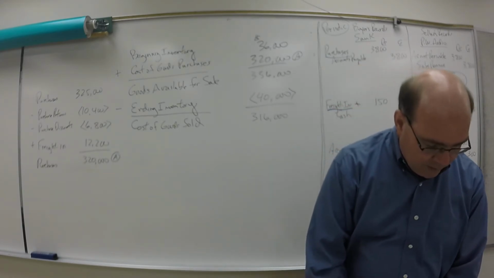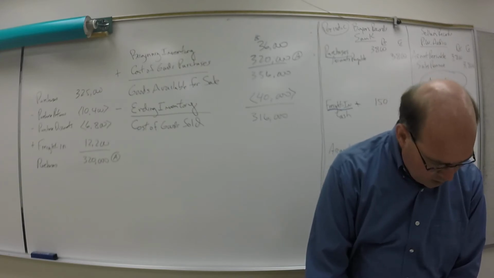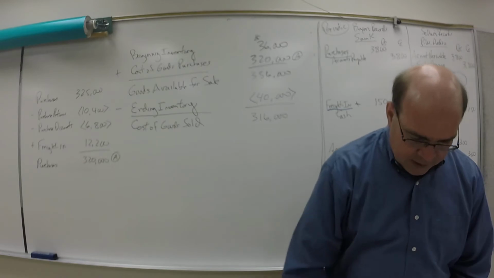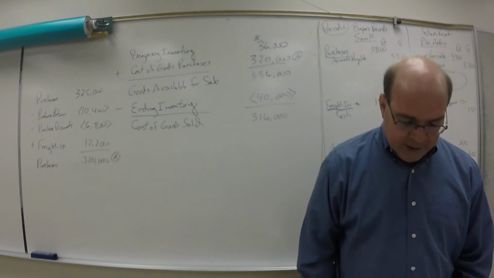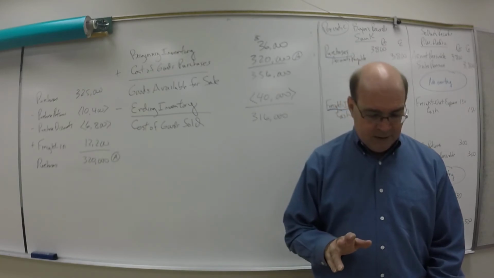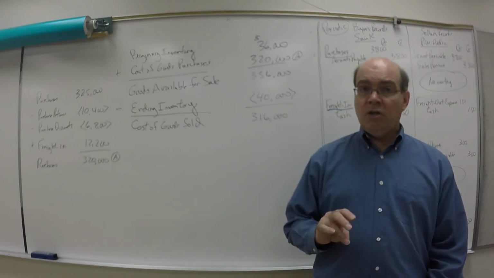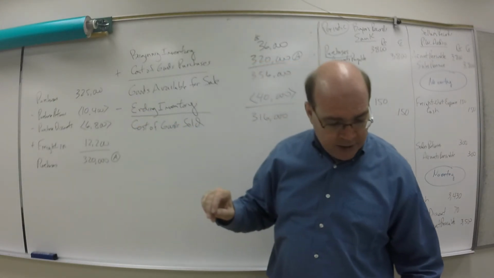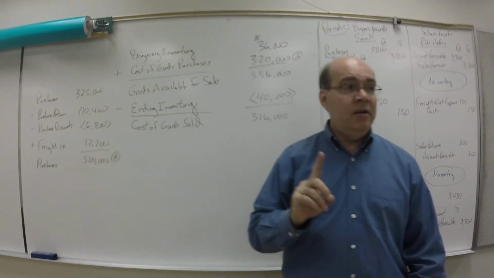However, if you look on page 231, where we were talking in the appendix about periodic, that's a little trickier. We're still going to close out those sales returns and sales allowances, but then we're also going to close out the purchases account. That's a temporary account. We're going to close out the freight in, but here's the difference.